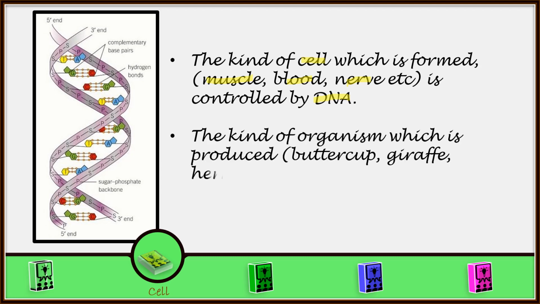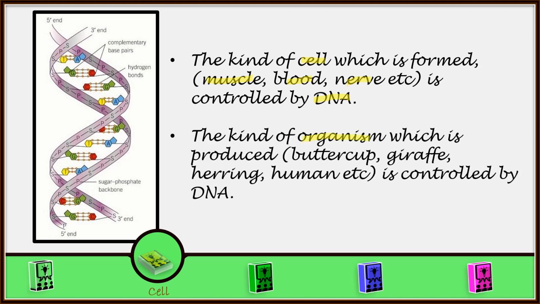The kind of organism which is produced, for example, buttercup, giraffe, herring, human, is controlled by DNA.